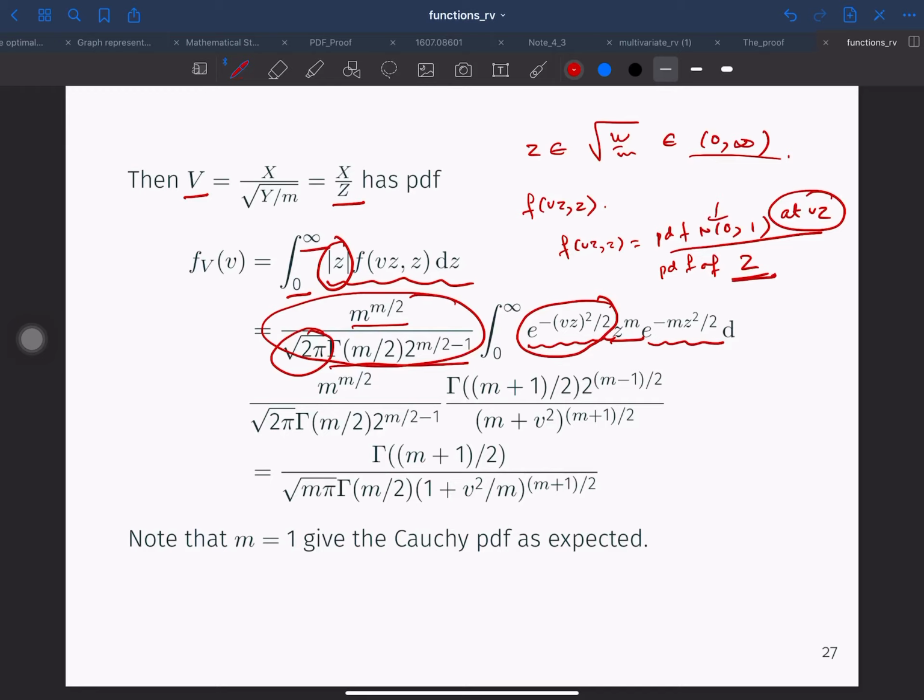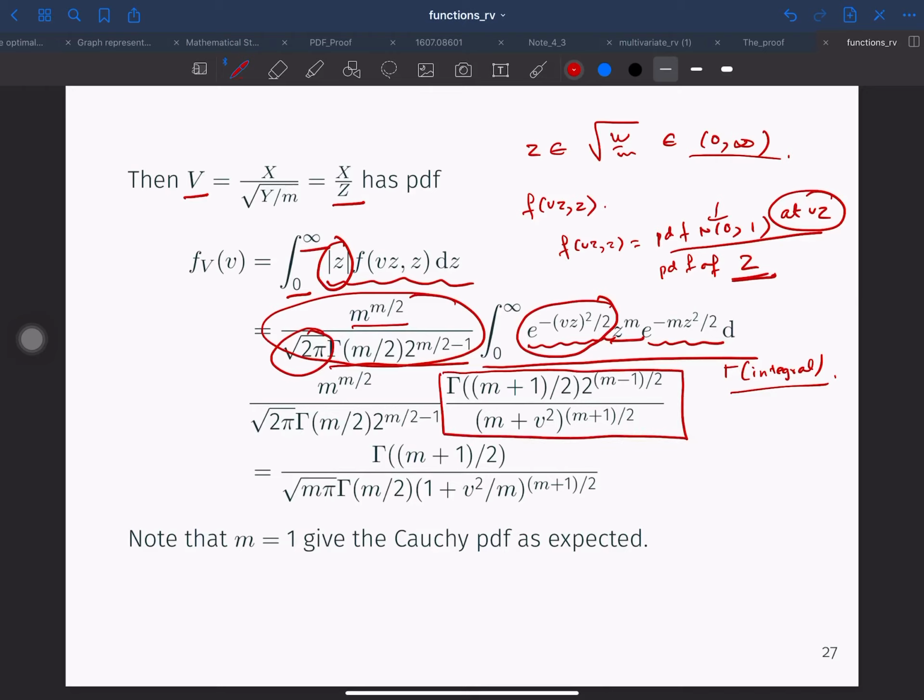Once again, remember the gamma integral. That is why we stress, remember the gamma integral. This integral here can be simplified to be this gamma integral.